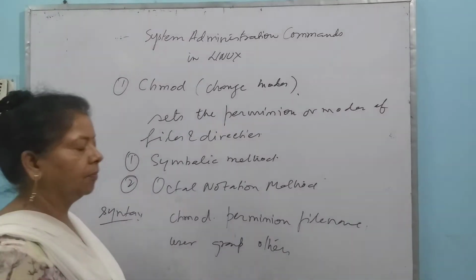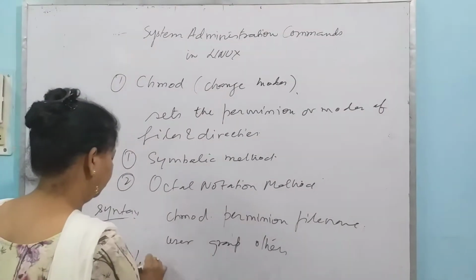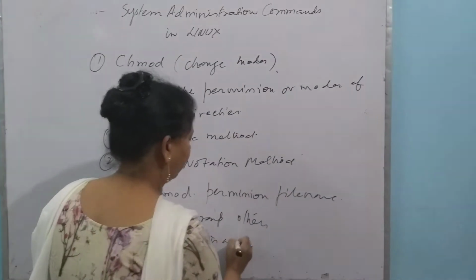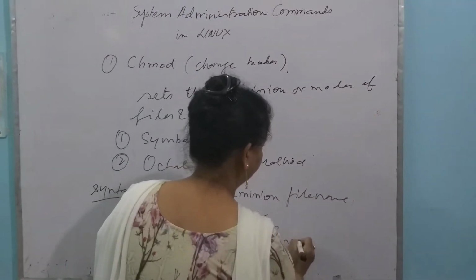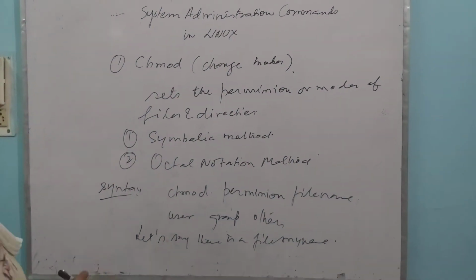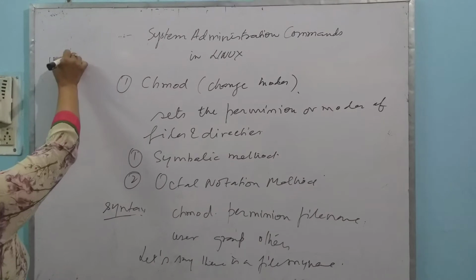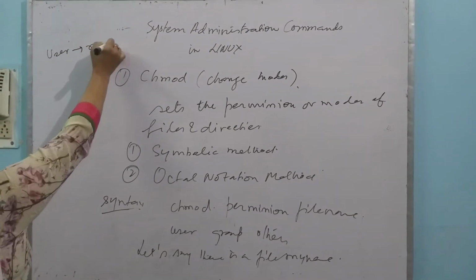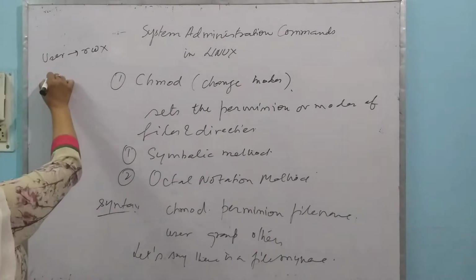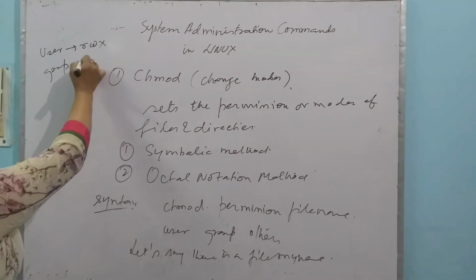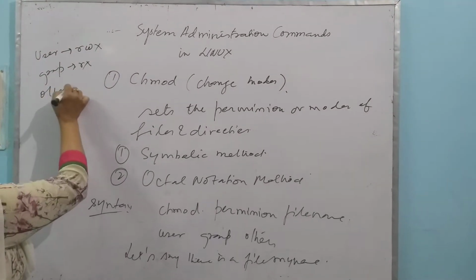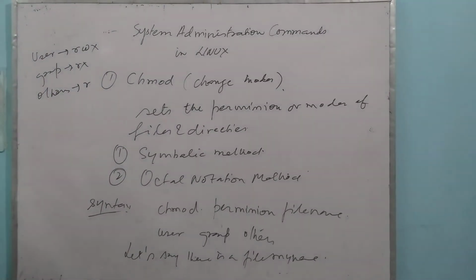Let's say there is a file my name, and we want the user to have read, write, execute access, and for the group we want read and execute access, and for the others only we want read access.